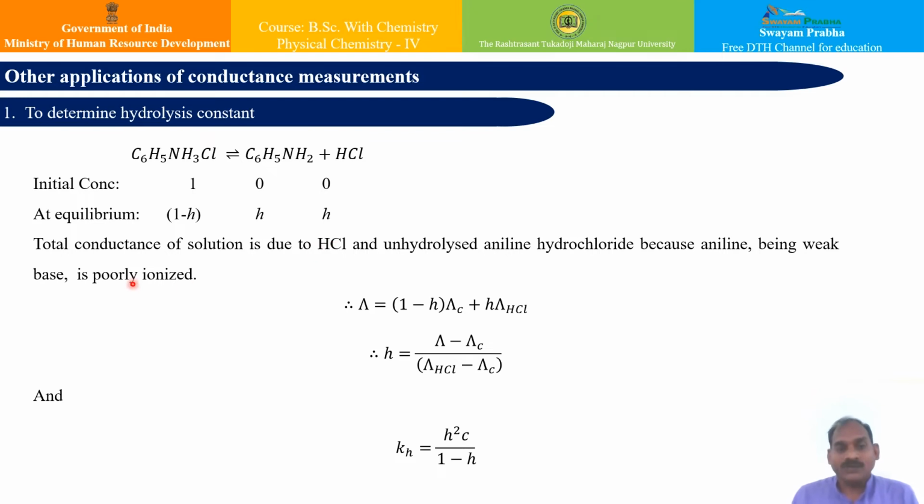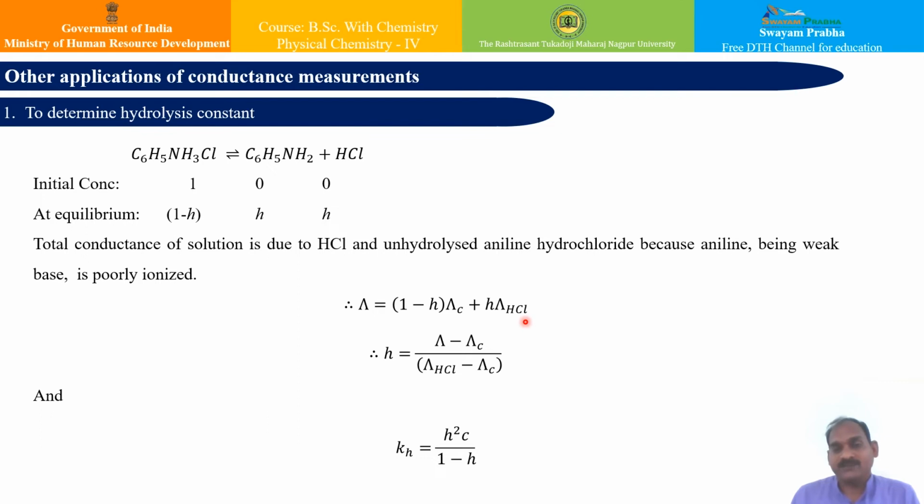The total conductance of the solution is due to HCl and unhydrolyzed aniline hydrochloride, because aniline, being a weak base, is poorly ionized. Therefore the equivalent conductance is 1 minus h into lambda C of aniline hydrochloride plus h into the equivalent conductance of HCl.